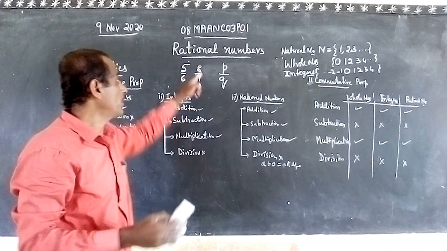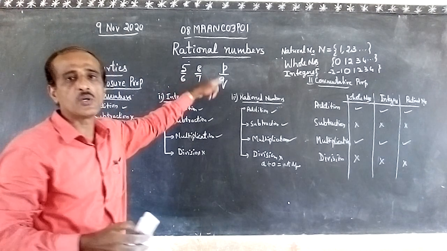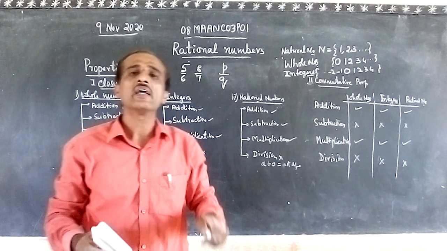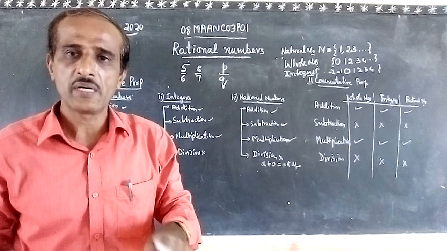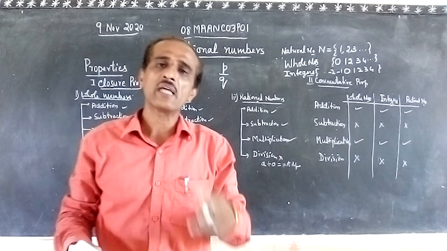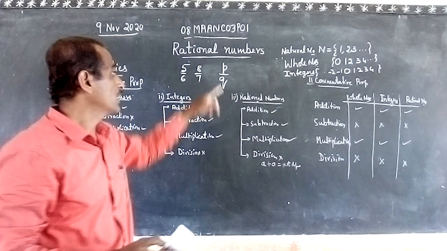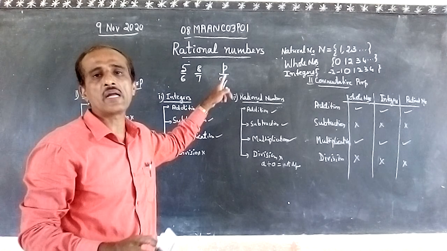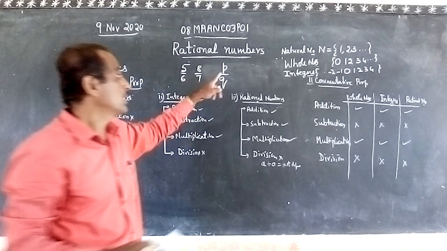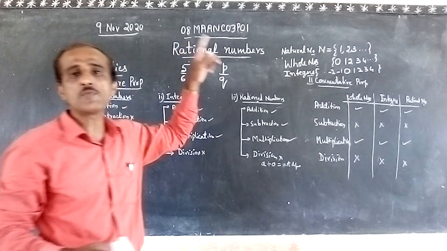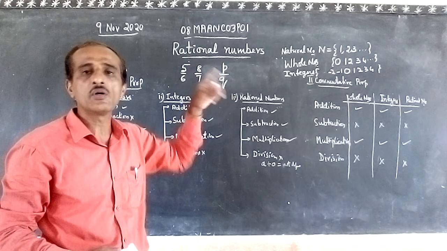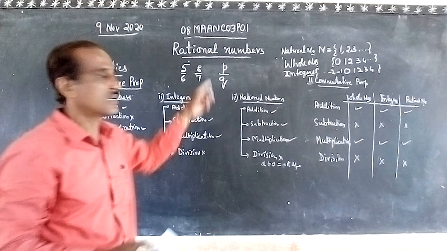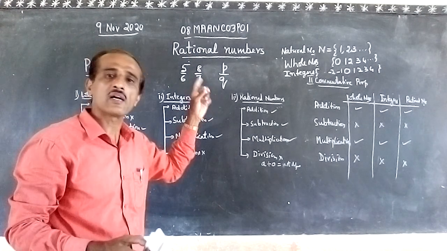In general, how can we define a rational number? A rational number means a number which can be written in the form of p by q. If it is not possible to represent it in the form of p by q, it is not a rational number. They are called irrational numbers.